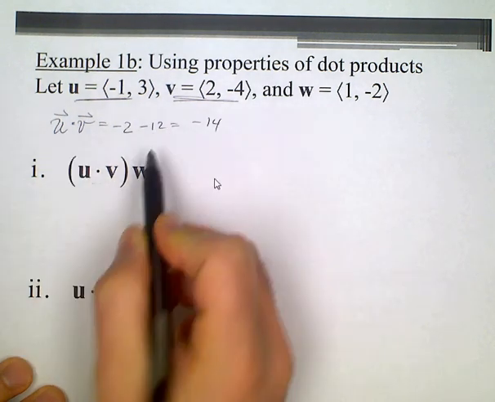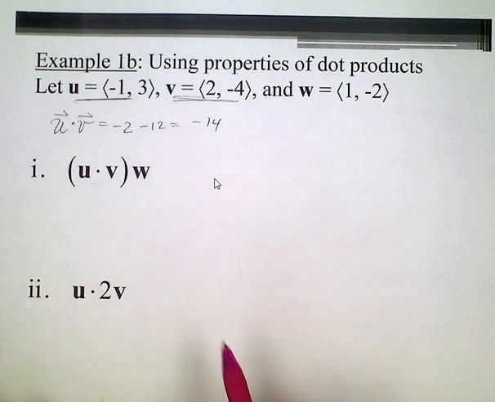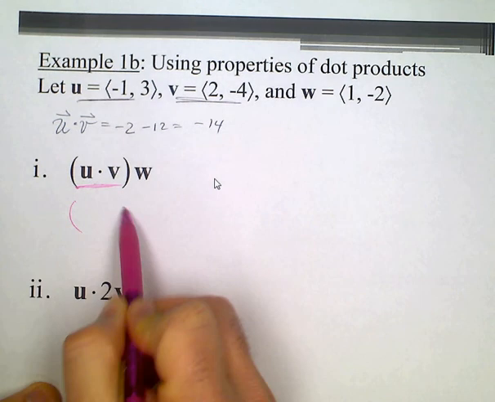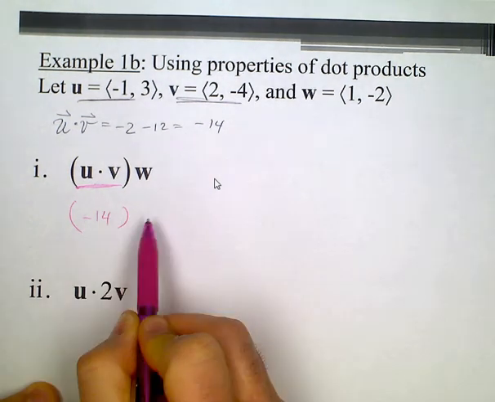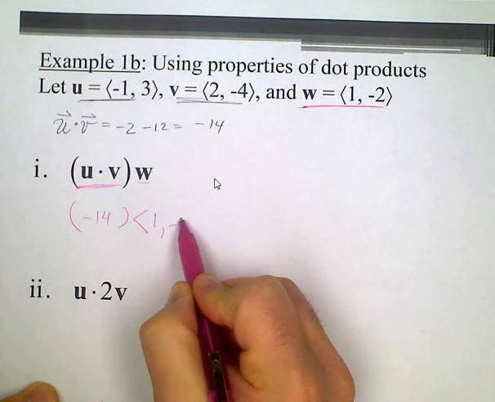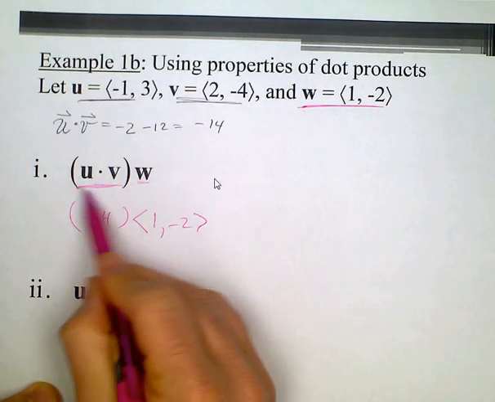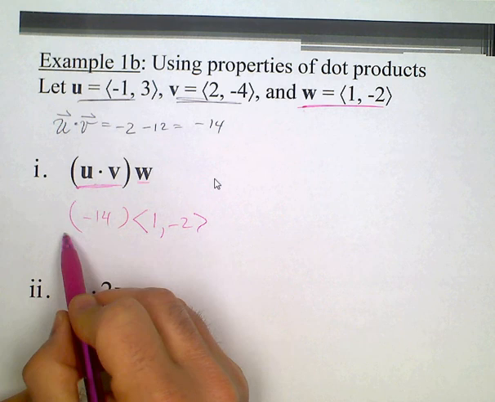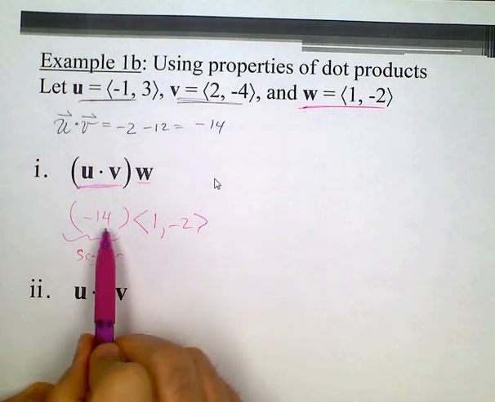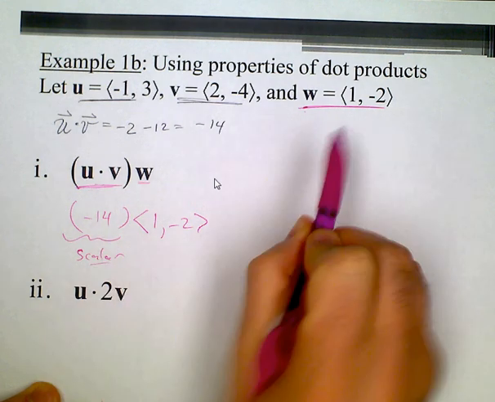The nice thing about doing that first is you can now just plug that right in here. Negative 14 is the dot product. Now take vector w, which is 1, negative 2. Since the dot product is a scalar, it is now acting as a scalar multiple of vector w.